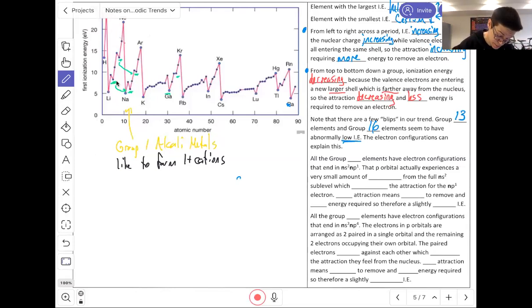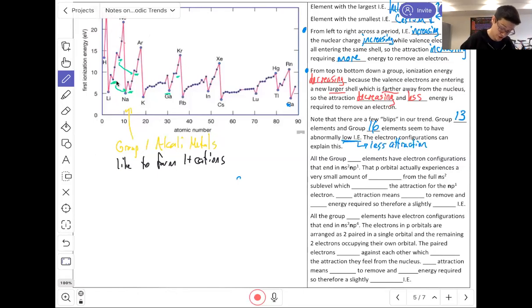And lower than expected means, do I have more or less attraction if my ionization energy is lower than expected? Less. So that means something is giving me a weirdly smaller amount of attraction for those elements. We haven't really talked about that, although it does exist for all of these trends, but it's most prominent with the ionization energy.